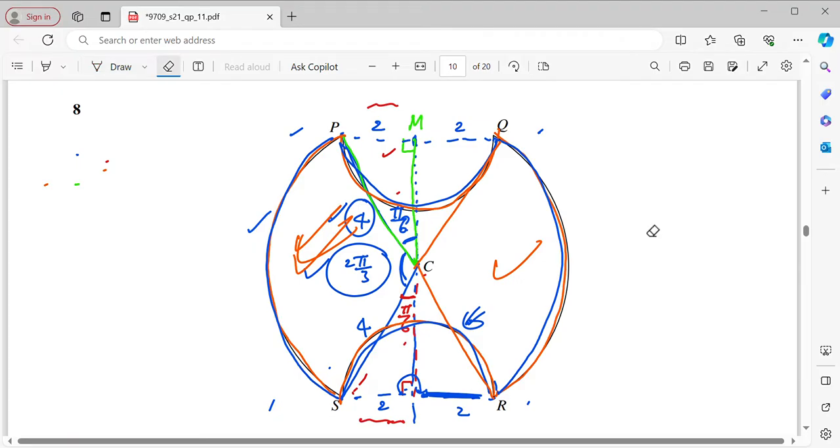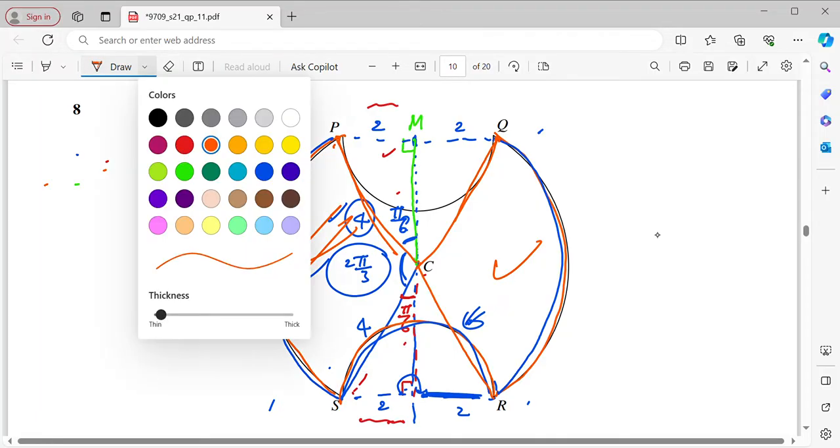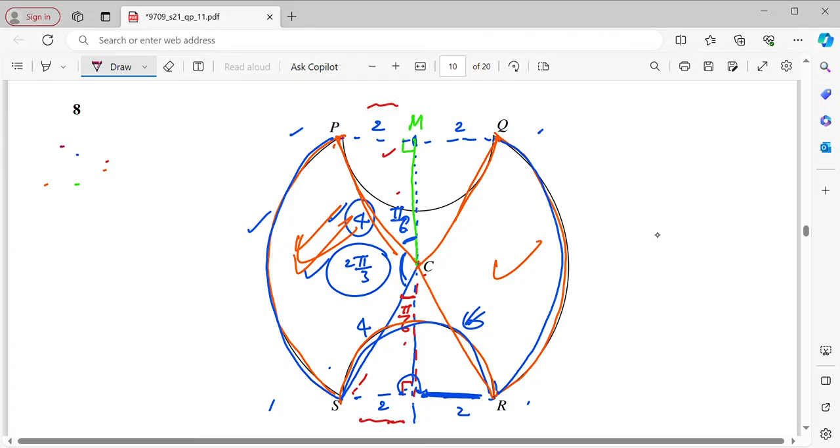When I draw properly, it's like this. My diagram is not very accurate. Then after that, you have to get the area. Area means this part.